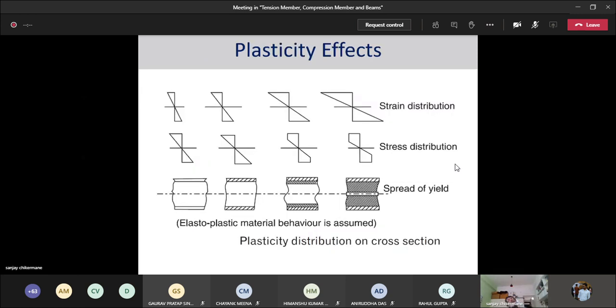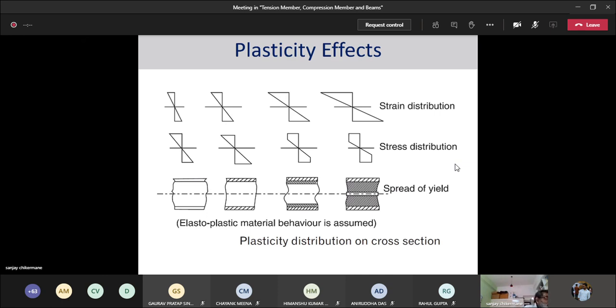Now, after this background of the entire concept of beam behavior and what the different kinds of bracing systems are, flexural and torsional and everything, now we get into actually figuring out how the actual system works.